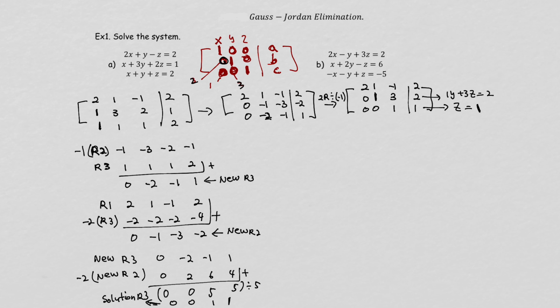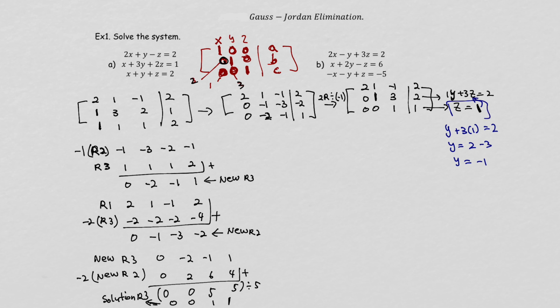So you can use substitution to find y. When you replace z here, you get 1y plus 3 times 1 equals 2. So y equals 2 minus 3, where y should be negative 1, right?